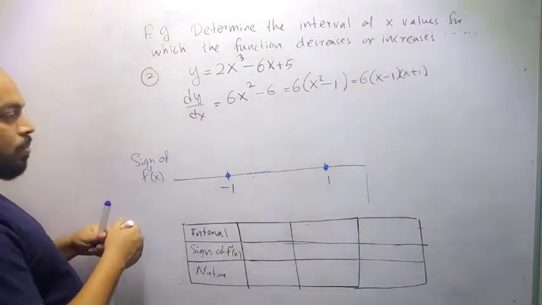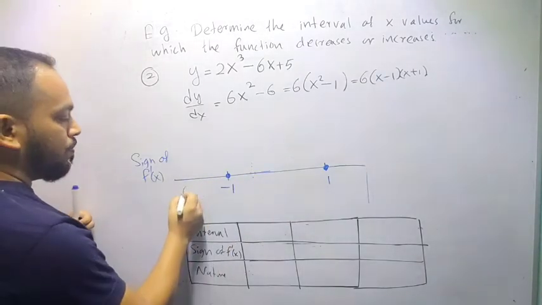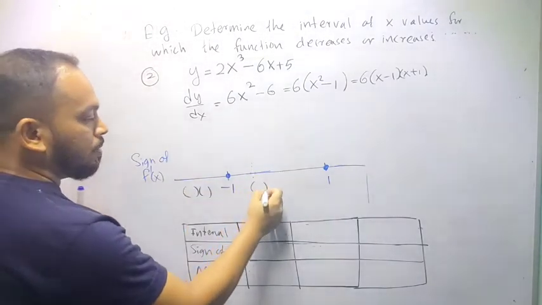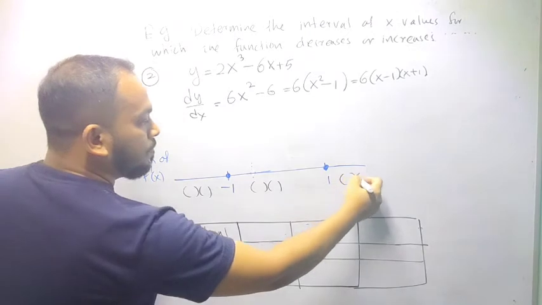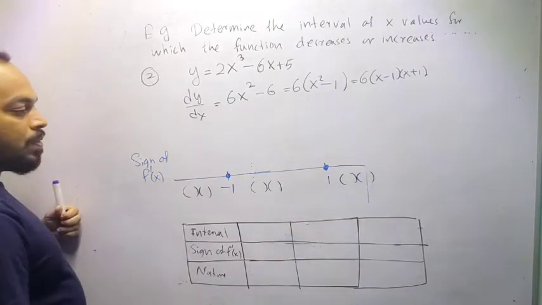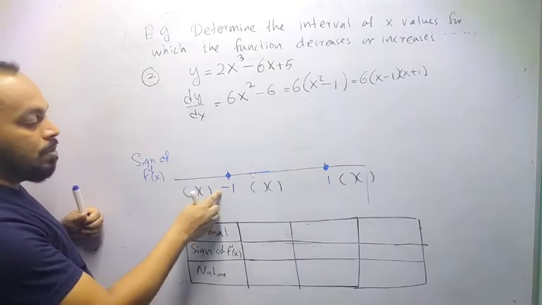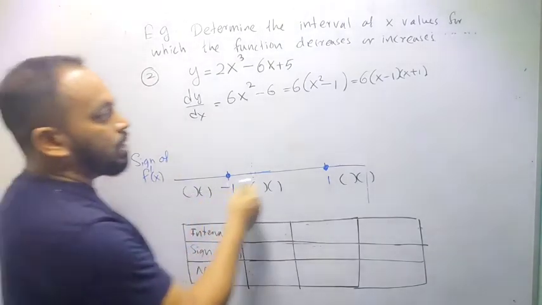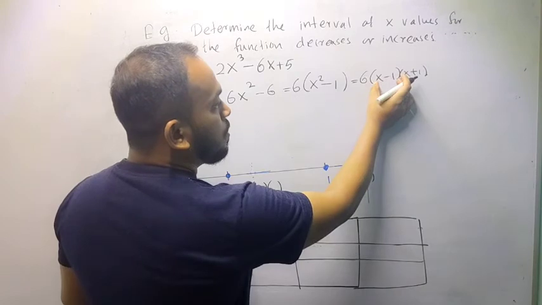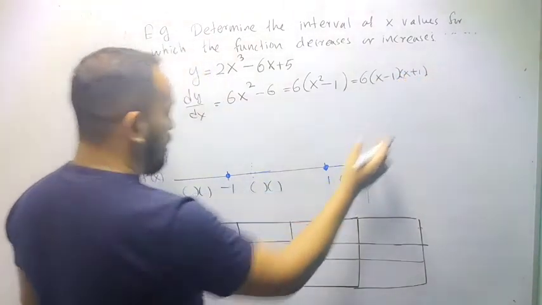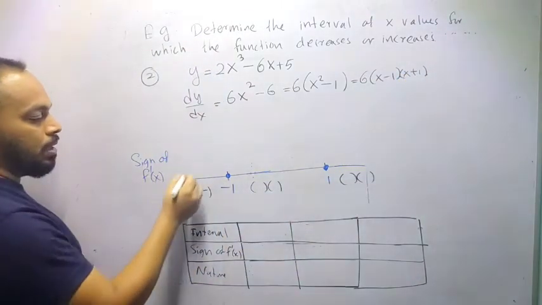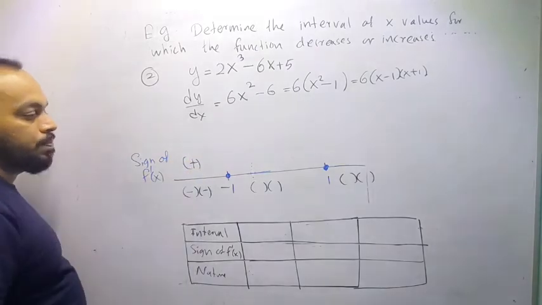Now we have to check for the sign. So put 2 brackets there, empty brackets. Then a number less than minus 1 in this region. Let me take minus 2. If you take minus 2, this is minus 3 and this is minus 1. So both negative, which means positive.